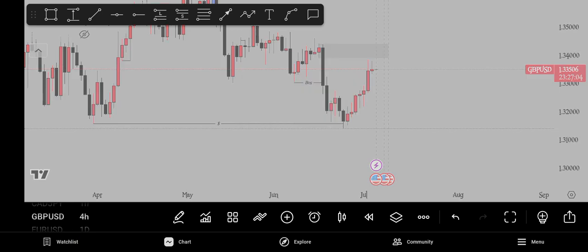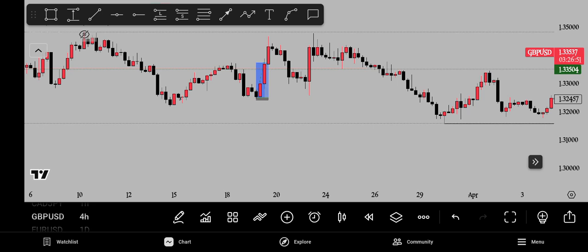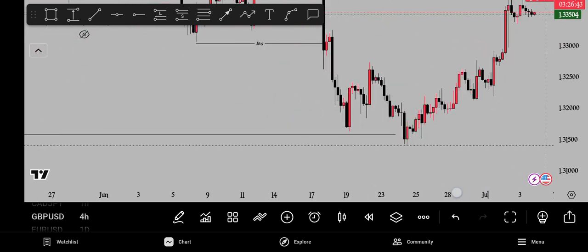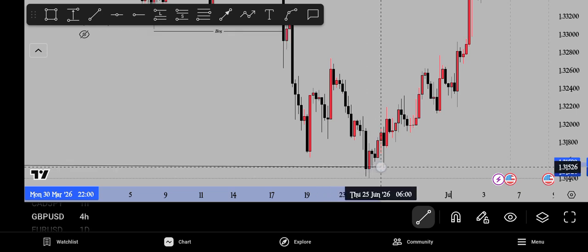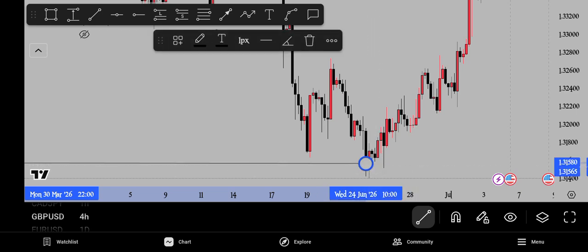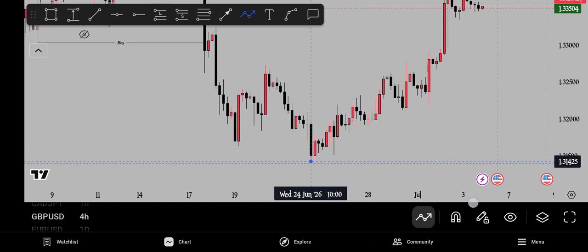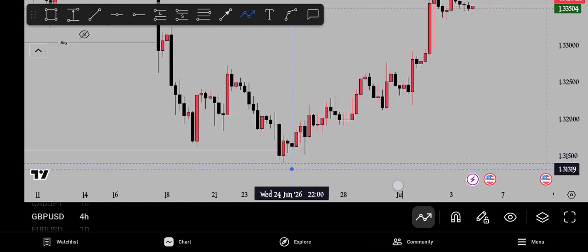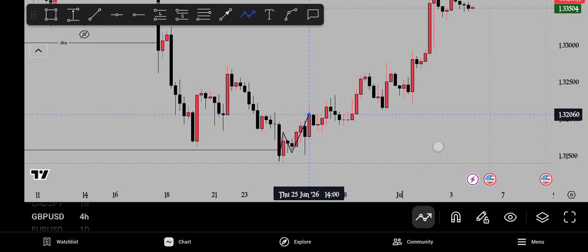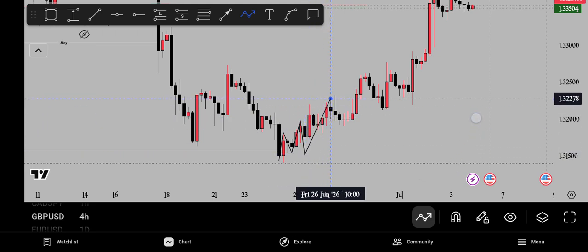Going down to the forward now to get a clear structure. As you can notice, after this sweep, you note that market has been pushing upward using higher highs, higher lows, higher highs, higher lows.